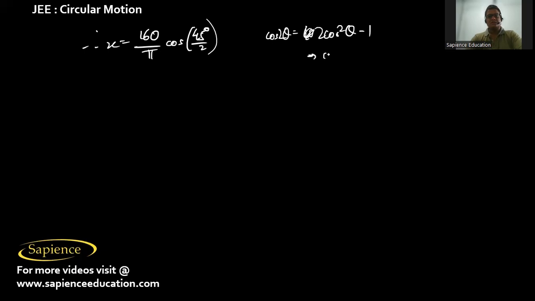Therefore, x will be equal to 160 by pi cos 45 degree divided by 2. Now cos 2 theta is 2 cos square theta minus 1. So cos square theta is equal to 1 plus cos 2 theta by 2.